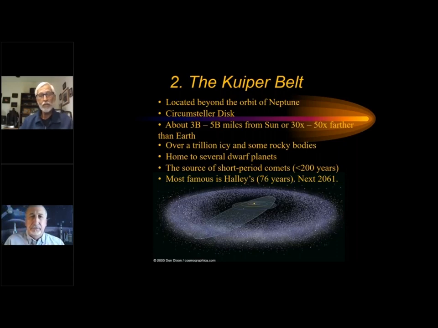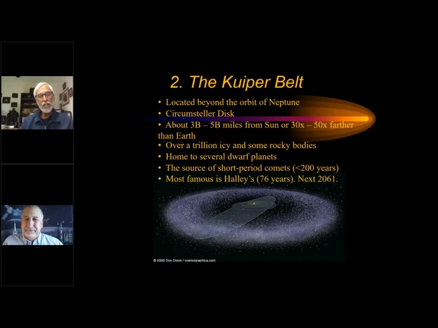There's been 5 dwarf planets that have been defined so far. Far and away, I think the most famous one is poor Pluto, that was demoted from a planet to a dwarf status. Again, I don't think now's the time to go into that. There's continuing arguments as to what it should be called, but for now it's a dwarf planet, and it exists in the Kuiper Belt. And as I said, the comets that come from there are less than 200 years.